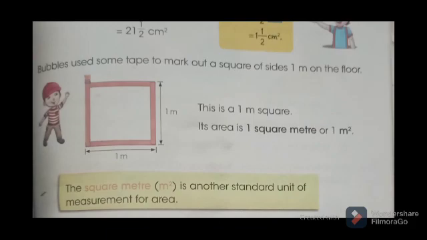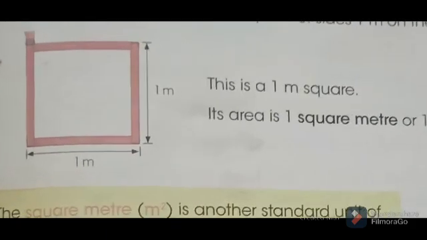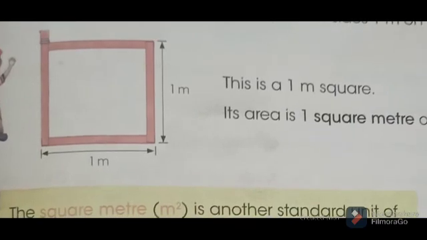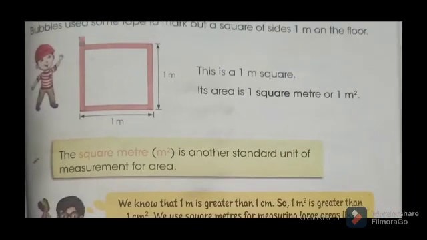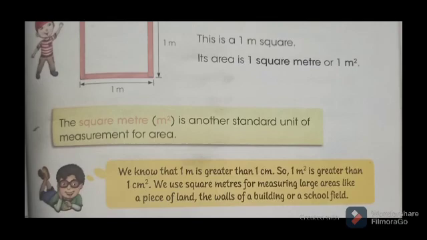Bubbles used some tape to mark out a square of sides 1 meter on the floor. This is a 1 meter square. Its area is 1 square meter, or we can write it 1 m square. The square meter is another standard unit of measurement for area.